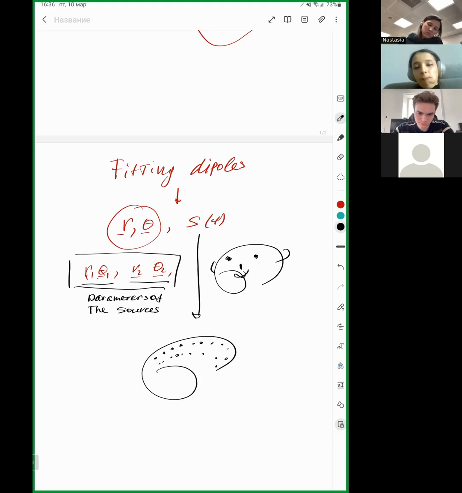You have this triangulated mesh, and at each location of this mesh, you assume that there is a dipole. With this, you basically say that you know the parameters of your dipoles, because you know the location of each dipole. And for each location and orientation, you can compute the forward model, of course.